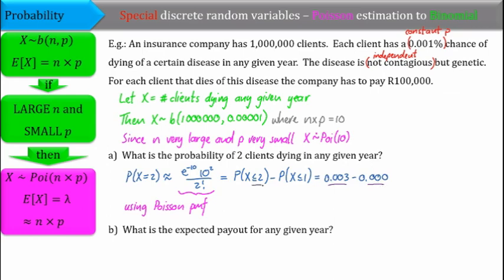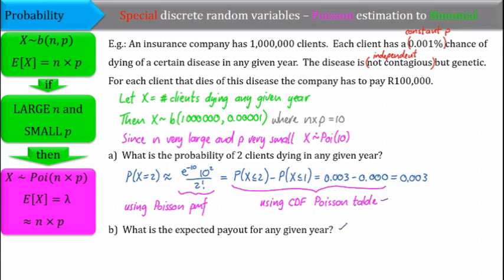This comes from our Poisson table, which I'll leave for you as an exercise. You have the two demonstrations in the previous examples. Right, so we have 0.003, subtracting 0 leaves us with 0.003. And like I said, this comes from the Poisson table, so please go and have a look as practice.